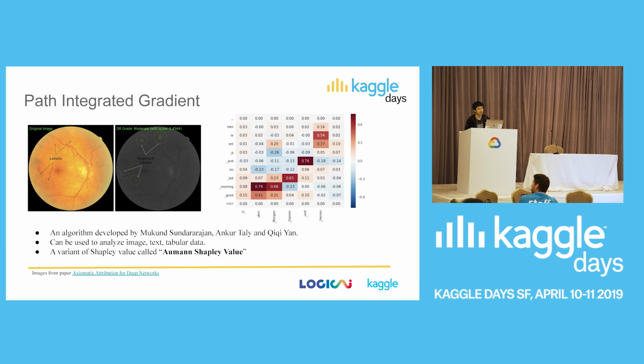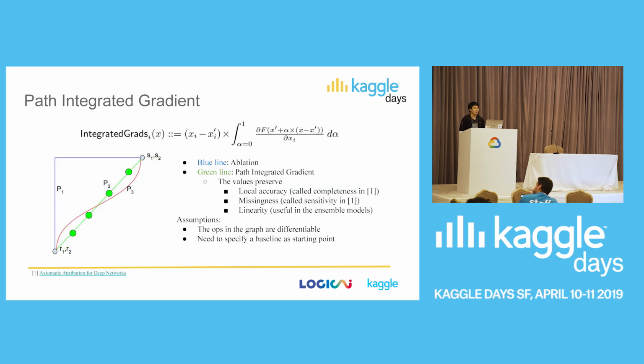And the computation is pretty simple. If we look at this slide, the basic computation is just computing the partial derivative with respect to the input, and then doing the line integral. Let's forget about all the formulas above and look into the graph, with all these blue, green, and red lines. The green line represents the path integrated gradient.